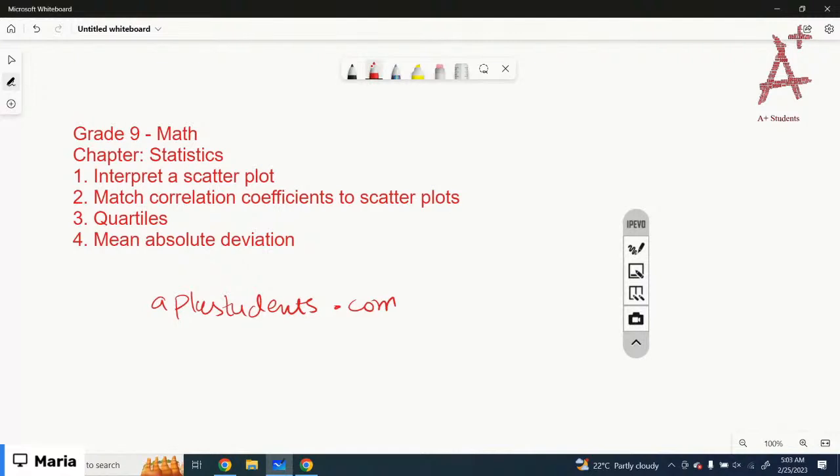You have to log in there using your email address, and the password is provided by the administrator. Then you have to select math from the subject tab. Scroll down to grade 9 maths and then click on view all lessons. There you can find a list of the chapters. Let's just start with the chapter.